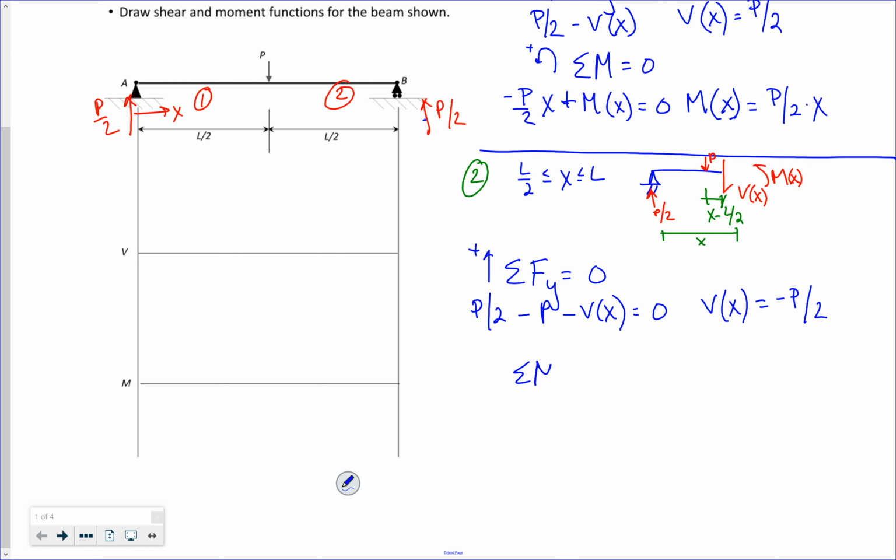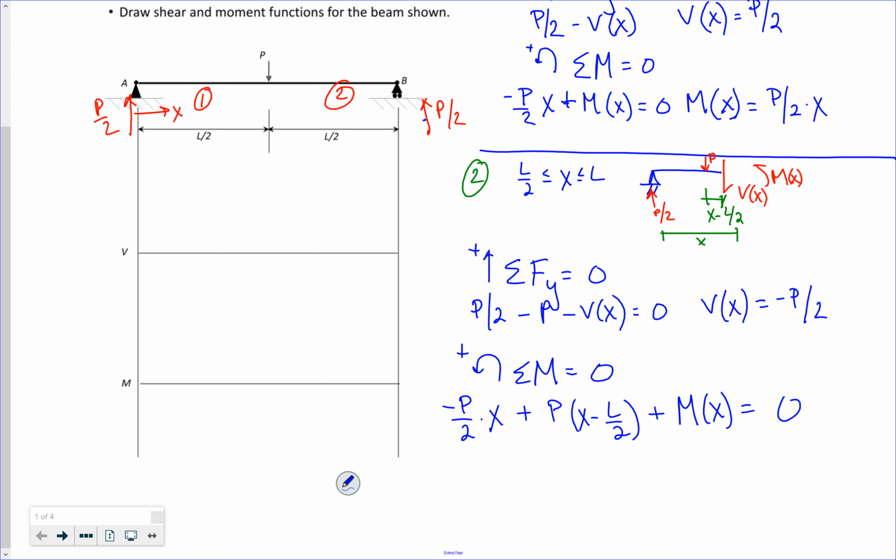Take the sum of the moments. I've got minus P over 2 acting at a distance x, right? It's clockwise, so it's negative, plus P times x minus L over 2, right? That's this force. It's acting counterclockwise, so it's positive, and I also have M of x acting positive.